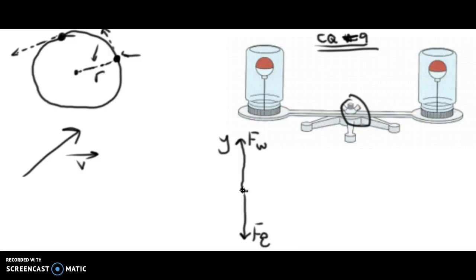However, when the apparatus starts to turn, there will be a centripetal force applied to the float on the r-axis, and then this centripetal force will pull the float inwards toward the center of the apparatus.